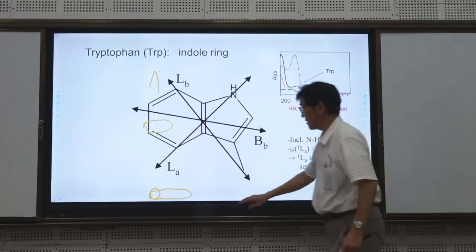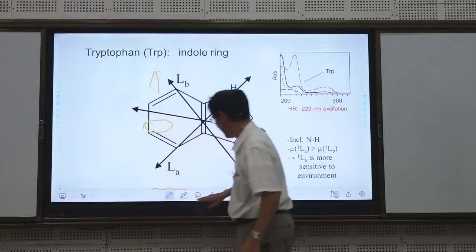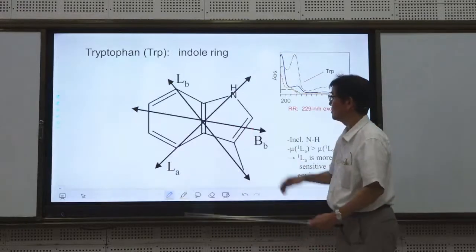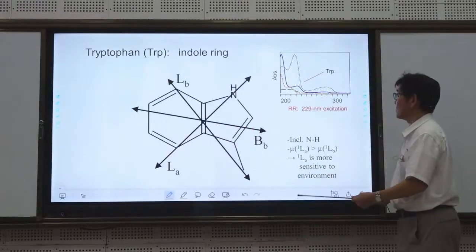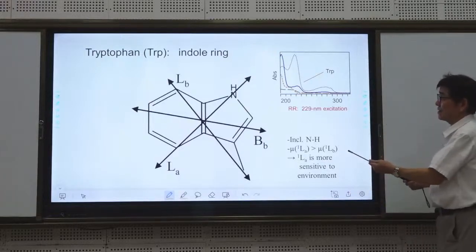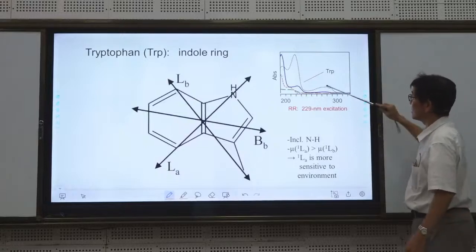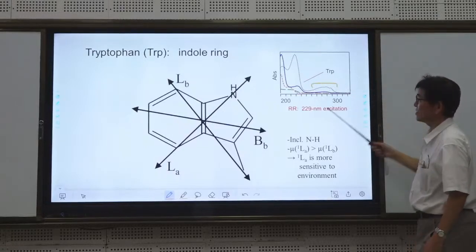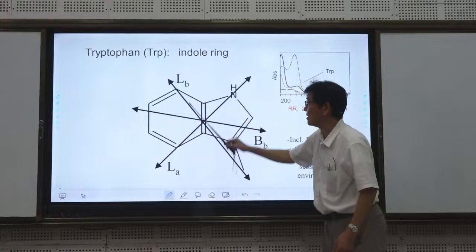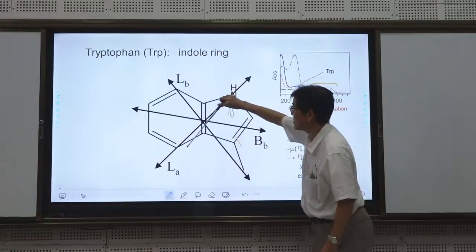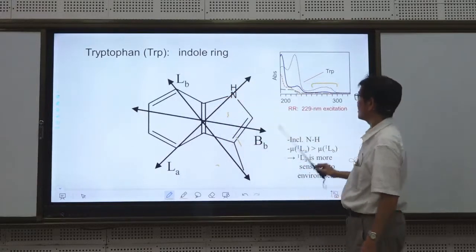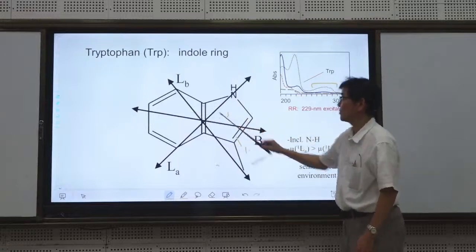This is a tryptophan side chain. And tryptophan side chain has a UV visible absorption. And in this region, there are two peaks, LA and LB. The transition moment directs this direction and this direction. And there is BB transition.